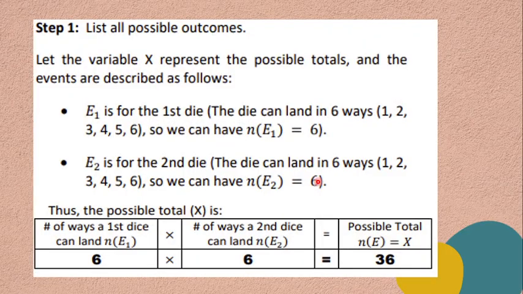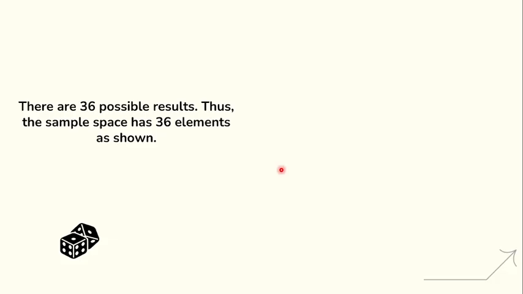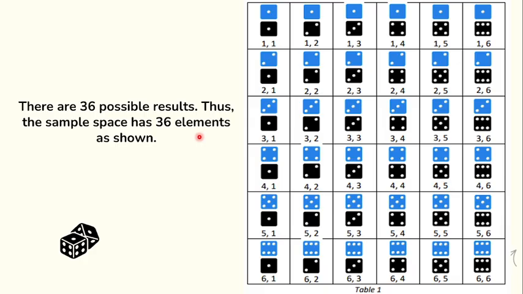So, thus, the possible total is, since we have 6 ways sa ating first dice, and we have 6 ways also sa ating second dice, then the possible total is 36. So, meaning class, there are 36 possible results. Thus, the sample space has 36 elements as shown in here.